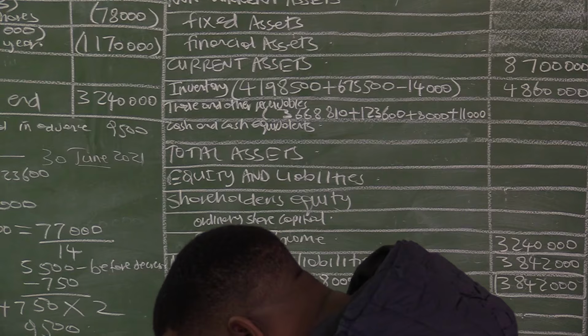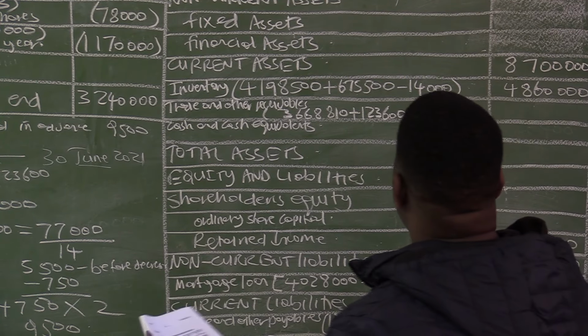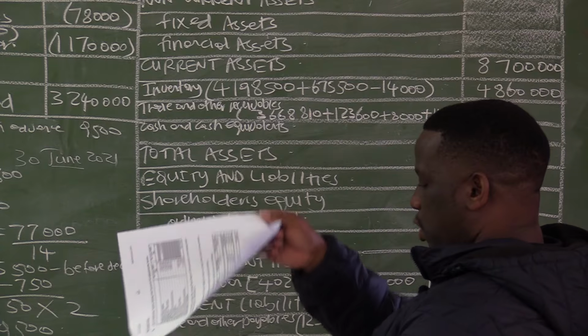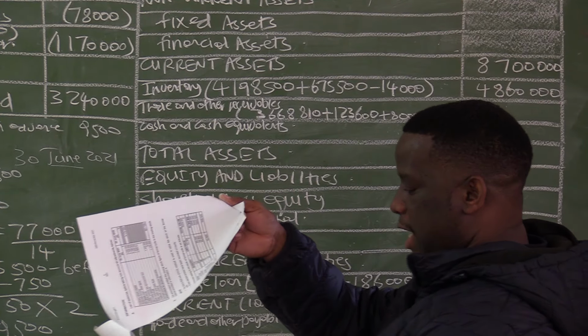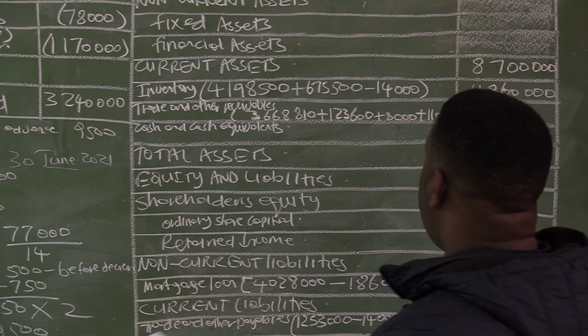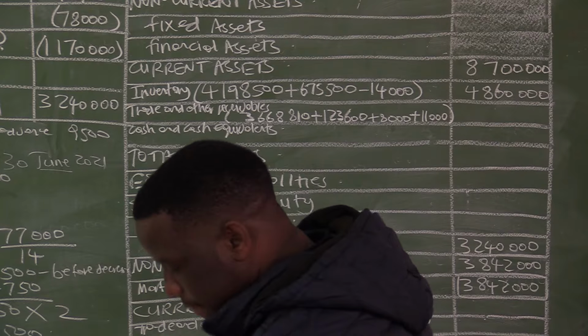This 8,000 was for the accrued income, and we have this 11,000 which was taken from transaction E, whereby we were transferring some of the debtors to the creditors. So let us then close. There is nothing that we are leaving here.